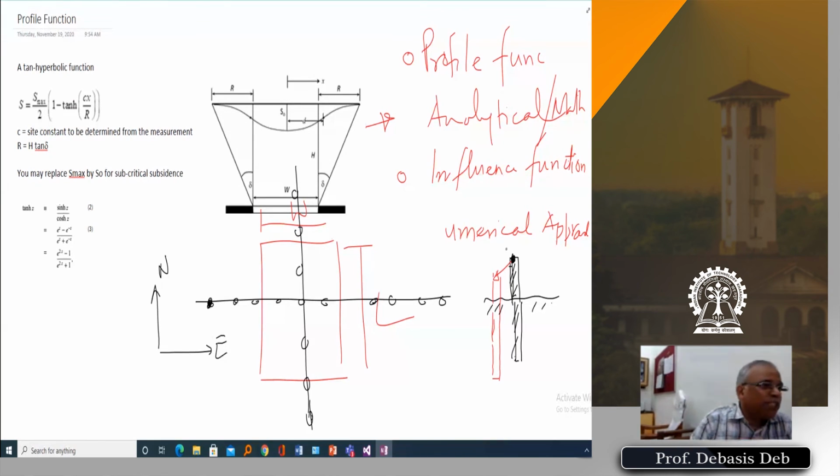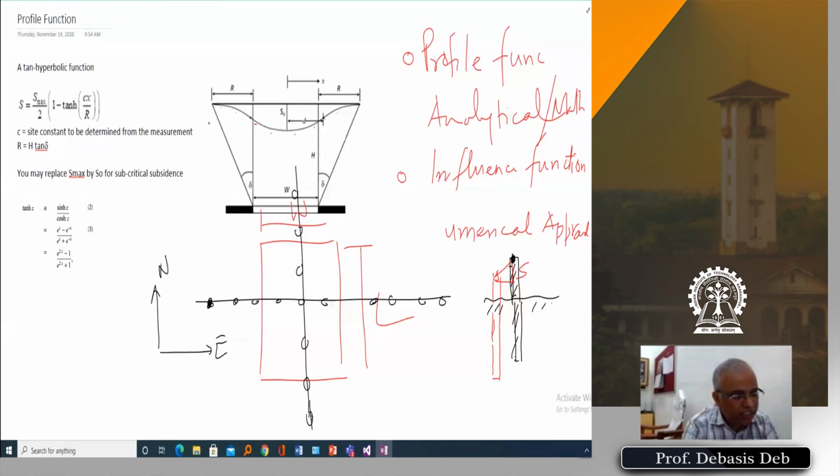Once we get these measurements, we plot this, and plot the vertical displacement. That means this will be the vertical displacement, this S we are going to plot, and something like this curve we will get. That is what is my subsidence.